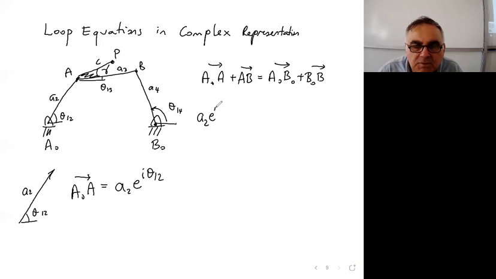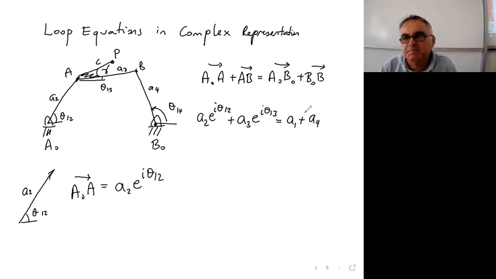A2 e to the I theta 1, 2 plus A3 e to the I theta 1, 3 is equal to A1 plus A4 e to the I theta 1, 4.